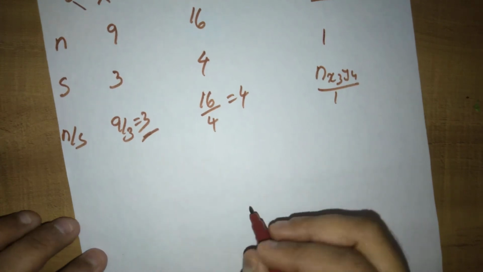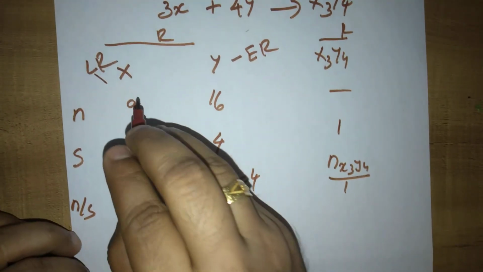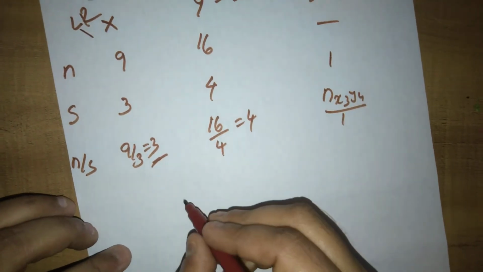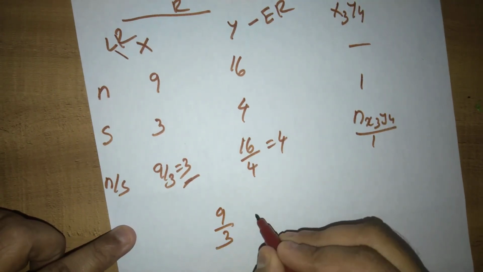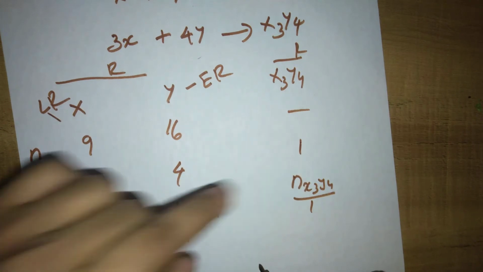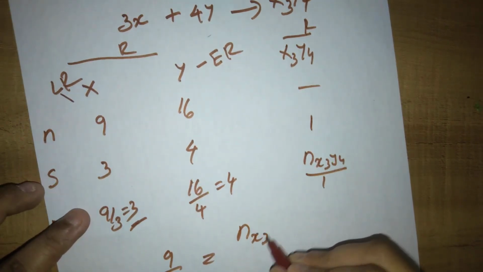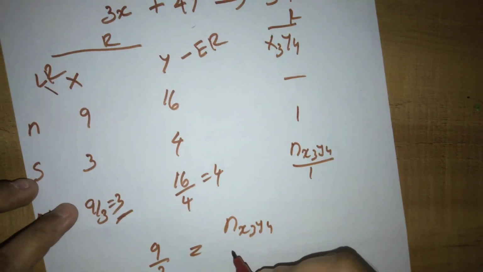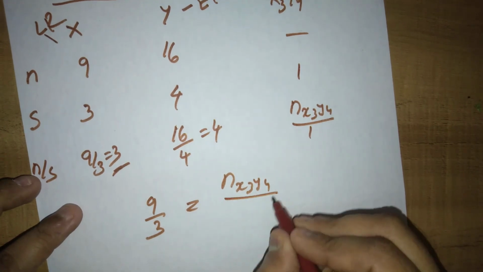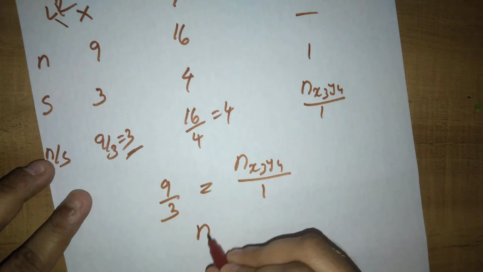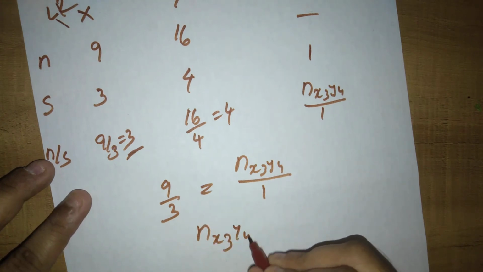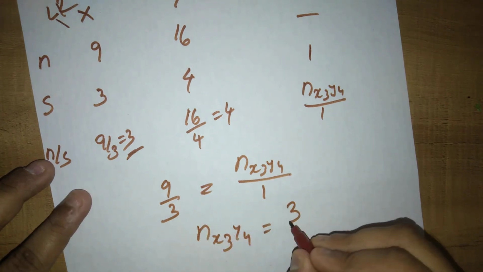So just equate the n by s ratio of the limiting reactant and the product. Limiting reactant n by s ratio, 9 by 3, is equal to the number of moles of X3Y4 divided by the stoichiometric coefficient, which is 1. So n of X3Y4 is equal to 3.